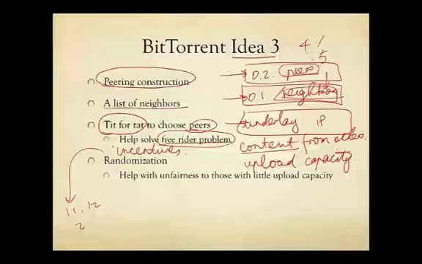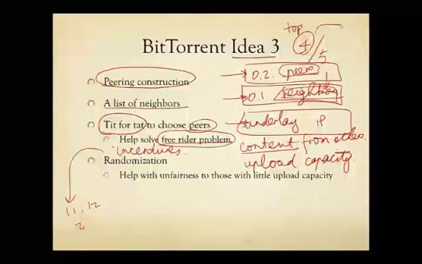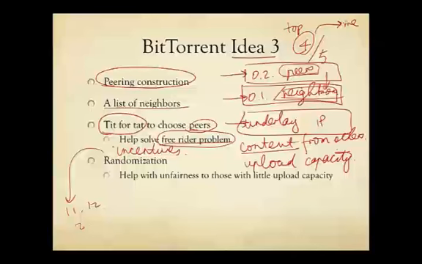And 4 out of the 5 peers will be picked by looking at the top 4 peers who have contributed content to me with the fastest upload capacity, and that will be part of the list of 5 peers I choose. So if you don't contribute your upload capacity to others, then soon no one will want to be your peer, and you will get no help from others either.